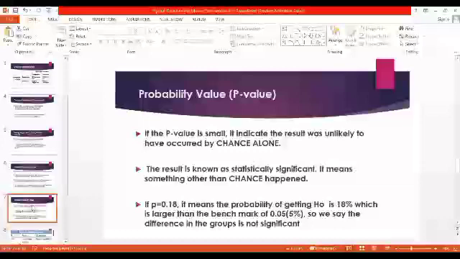It's 18% assurance that there will be no association, which is larger than the benchmark.